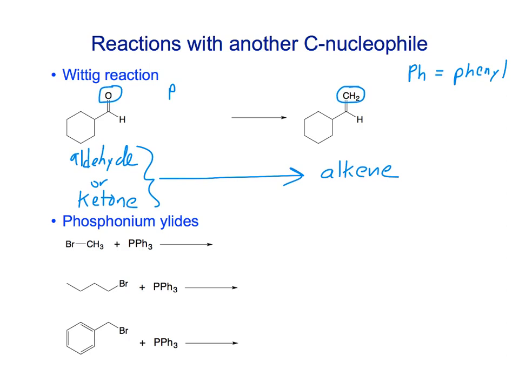It's like a benzene ring, right? Ph equals a benzene ring. I don't want to have to draw those out because they're just going to get carried through. So I'm going to say P with 3 phenyl groups around the phosphorus. And then we're going to have a double bond here and a CH2 like this.